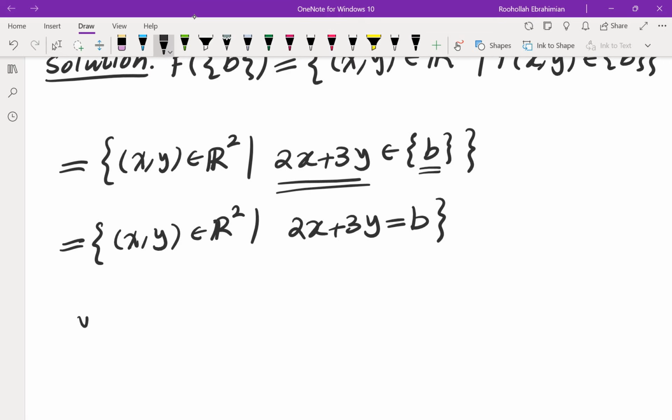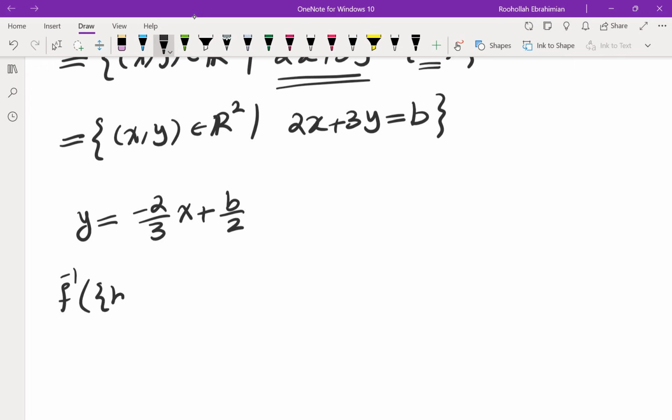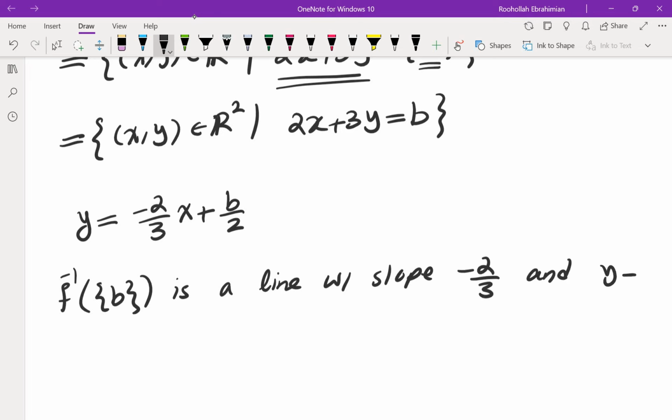If you write it down in the standard form, you would get y equals negative 2/3 x plus b over 3. So F inverse of {b} is a line with slope negative 2/3 and y-intercept b over 3.